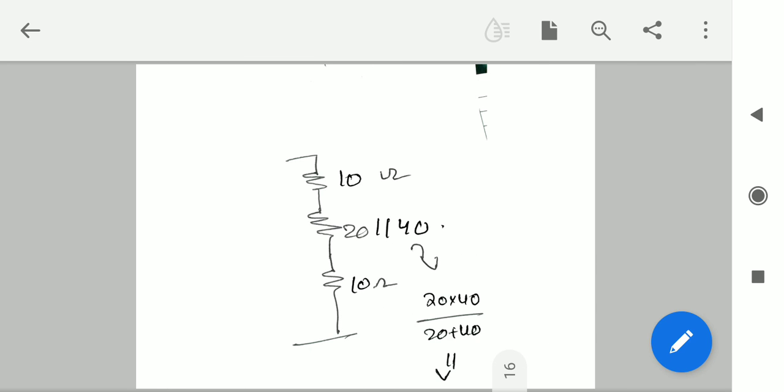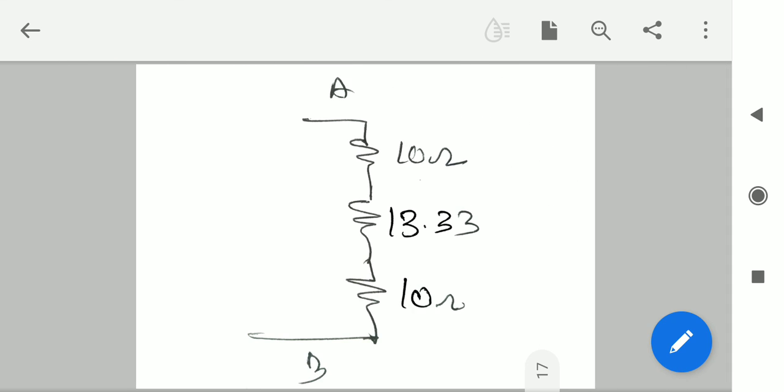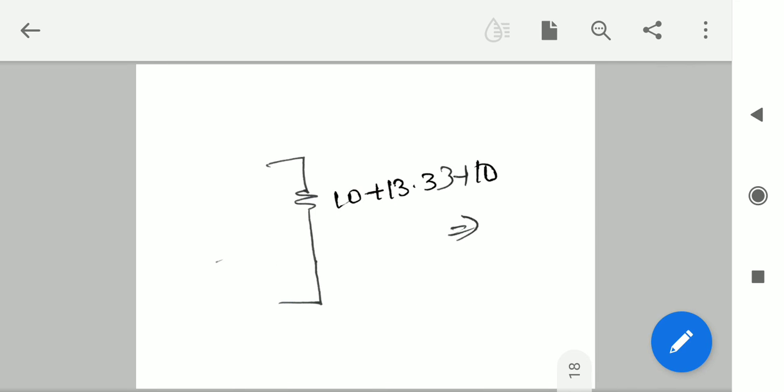So we can convert them into a single resistance as 20 into 40 divided by the sum of these resistances. The value of 20 into 40 divided by 20 plus 40 equals 13.33.